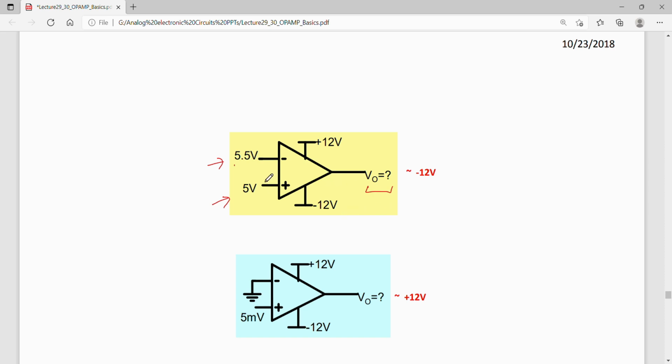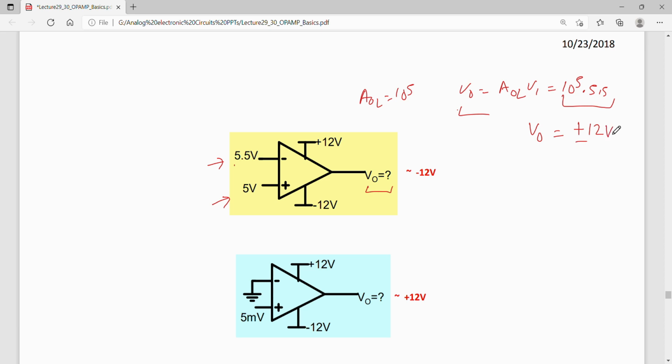If the gain is large, let us say we had assumed the gain is 10 to the power 5, then V naught would be the gain multiplied by the input, that is 10 to the power 5 multiplied by the input of 5.5 volts. This cannot be achieved. In fact, if I try to amplify using this open loop configuration, the output will be clipped to plus 12 volts or minus 12 volts.